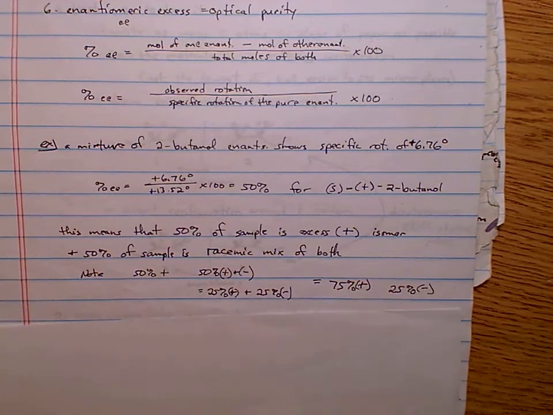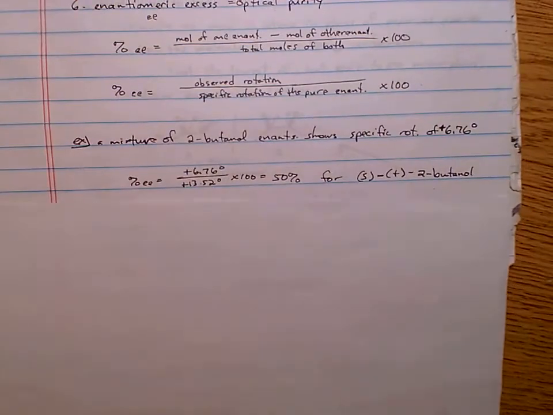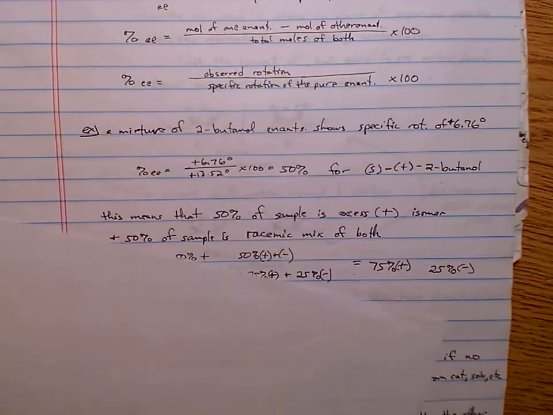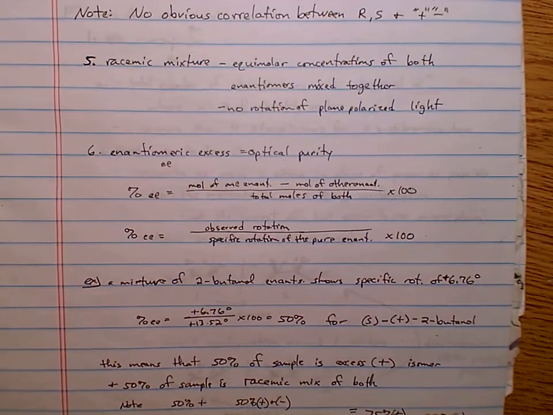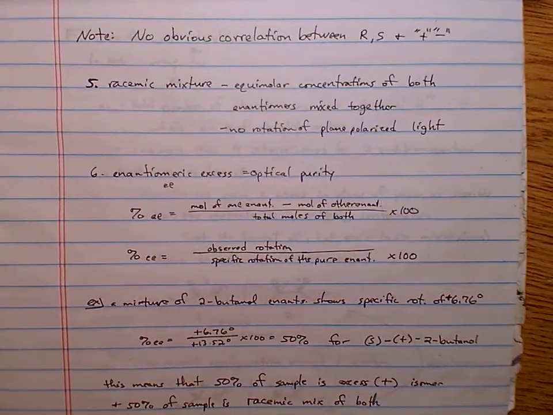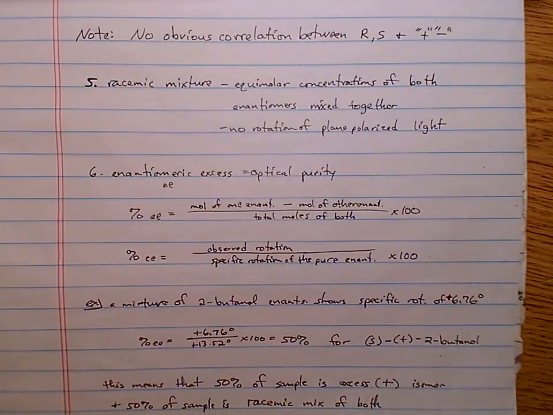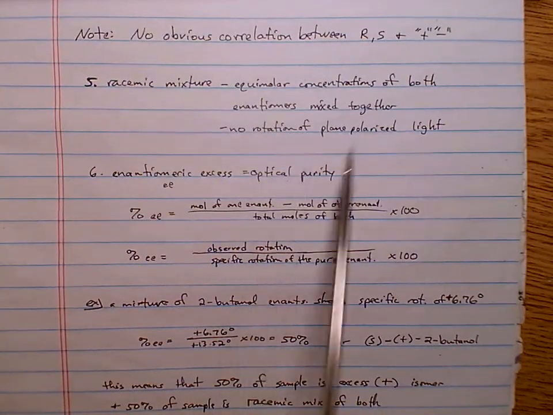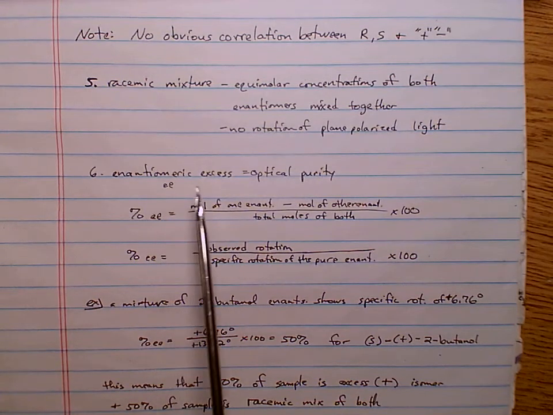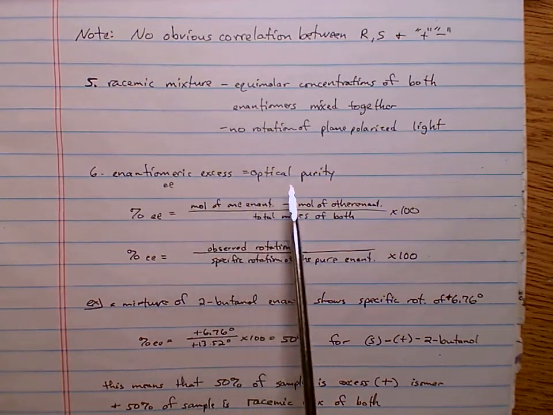The video's going a little bit long, but I want to mention one other thing. We've noted before there's no correlation between R and S and plus and minus. Racemic mixtures show no rotation of plane polarized light. There's something called enantiomeric excess.